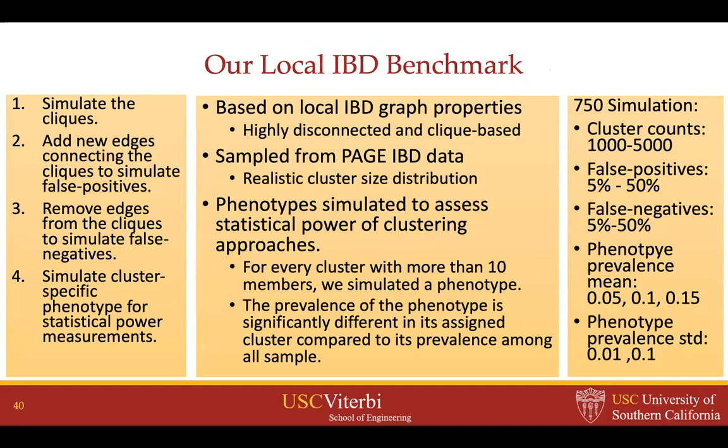So we simulated cliques with realistic distribution, removing true edges to create false negatives and adding false positives, for a range from 5 to 50% over 750 simulations. For cliques that we simulated with more than 10 members, we also simulated binary phenotypes to be able to measure the statistical power of the clustering algorithms that we were studying.